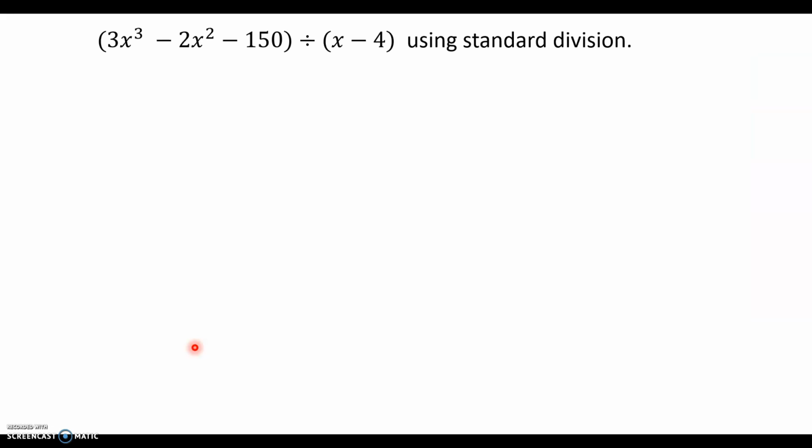What we've already learned is how to divide polynomials using a standard division algorithm. That's where we would set it up with the polynomial that we're trying to divide in here, and what we're dividing by over here, in this case our binomial. The way I'd start this off is by saying 3x cubed.